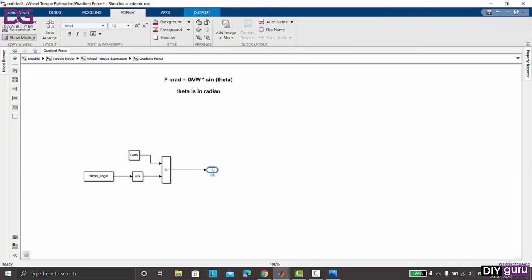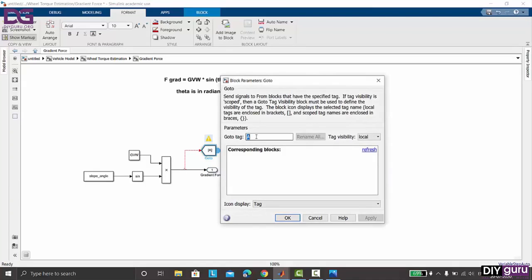So here we will obtain the gradient force. Insert one more go-to block and name it gradient force.